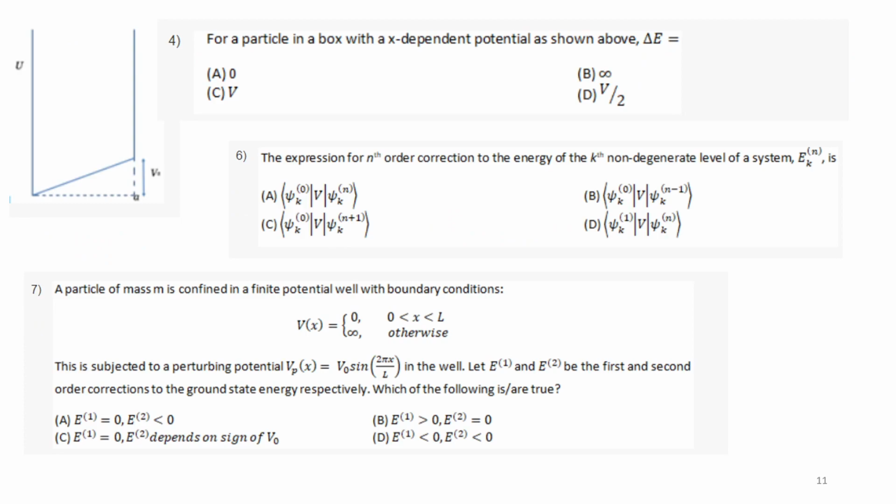Okay, now question number 4: for a particle in a box with an x dependent potential as shown above, what will be the correction in the first order? Maybe that is what they wanted to know. See, I think sir has solved this question in the lecture. So here your V actually depends on x, so it is following a linear nature, right?